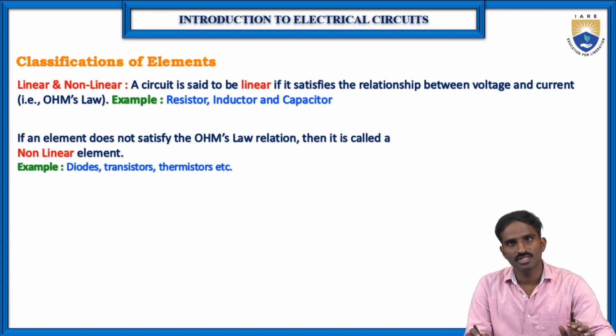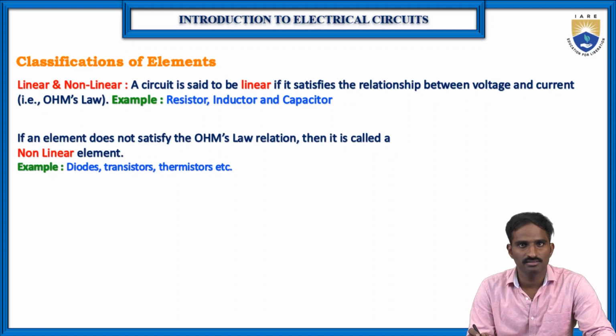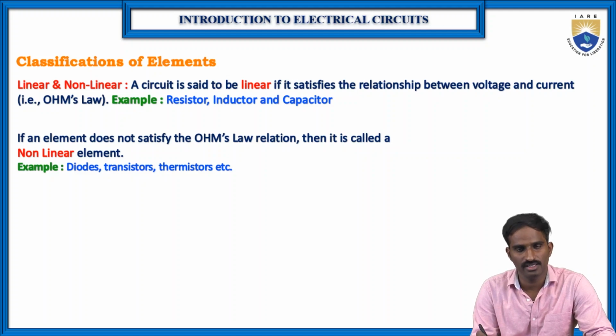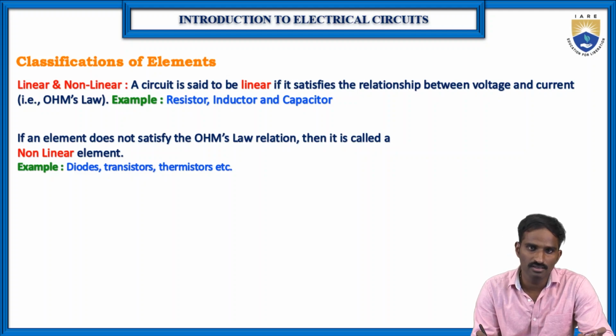Then another classification is linear and non-linear elements. A circuit is said to be linear if it satisfies the relation between voltage and current. Let us consider the examples: resistor, inductor and capacitor. The current flows through the resistor and we can find the voltage across the resistor.